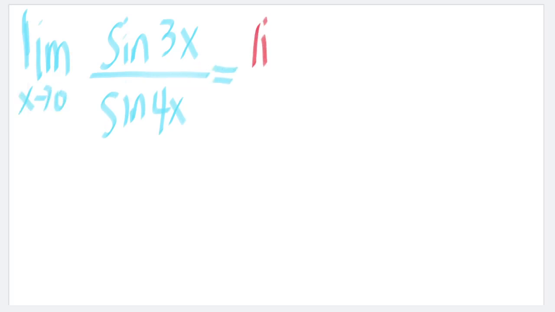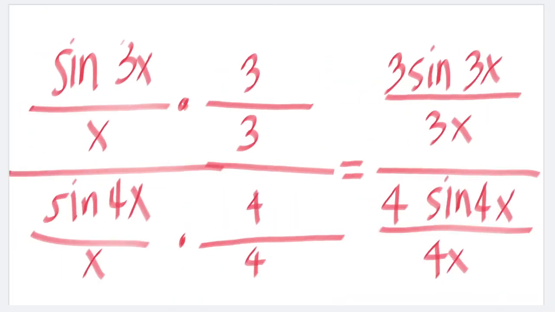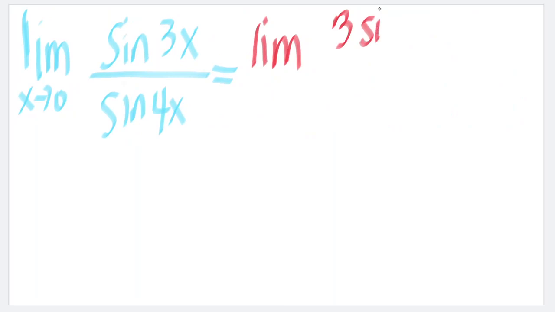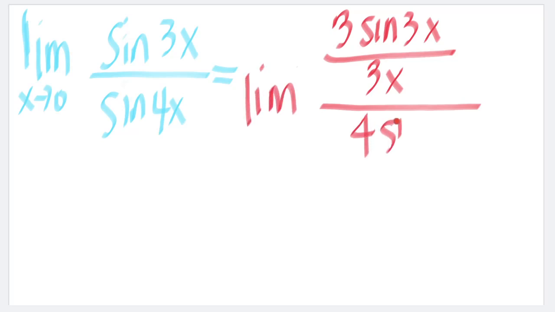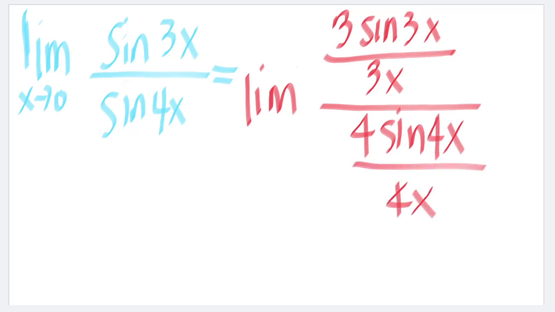the limit of 3 sine 3x over 3x all over sine 4x over 4x as x approaches 0.